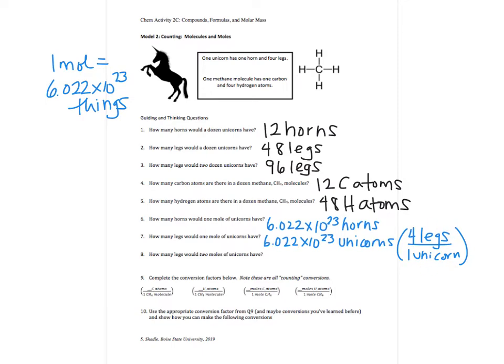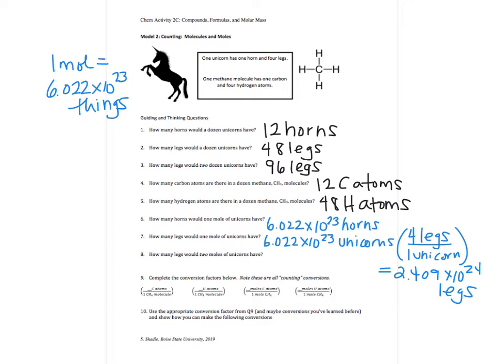And I know that I have 4 legs in each unicorn. And so what that gives me is 2.409 times 10 to the 24 legs. So a lot of legs if we had a whole mole of unicorns.